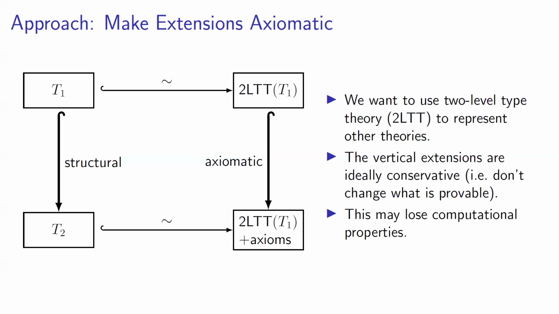So this itself is already a structural extension because essentially we are adding more structure, but in some sense this is relatively harmless structure because as long as we don't make additional assumptions, this extension is conservative. So everything we can do in here about the original T1 is the same stuff that we could already have done in here. So we haven't actually changed anything.